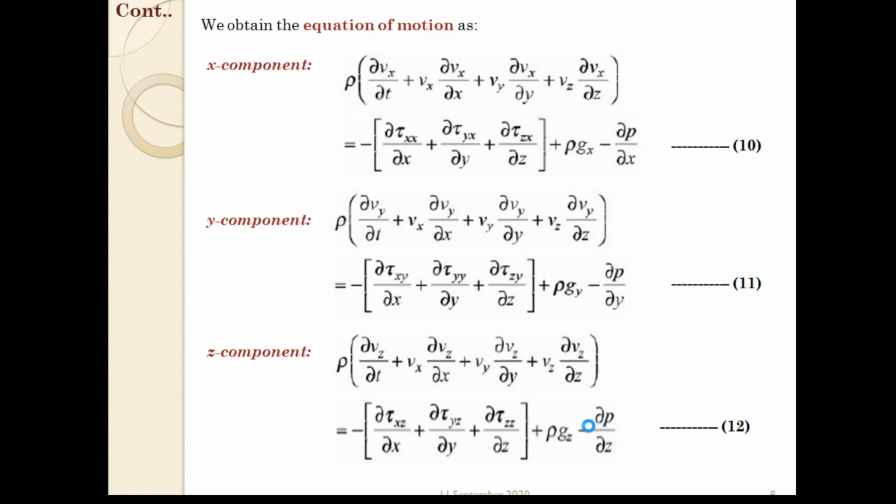Okay, now the equation of motion we got after simplifying the x component. For the x component we have rho times del vx del t plus vx del vx del x plus vy del vx del y plus vz del vx del z.